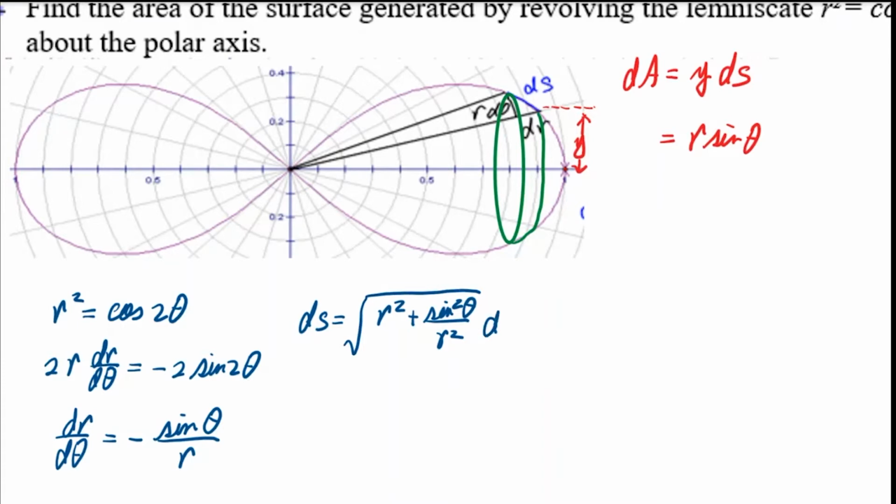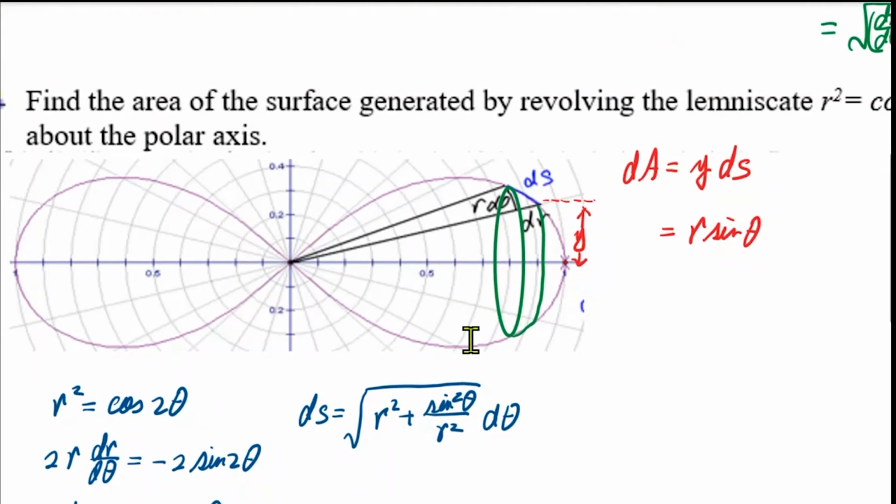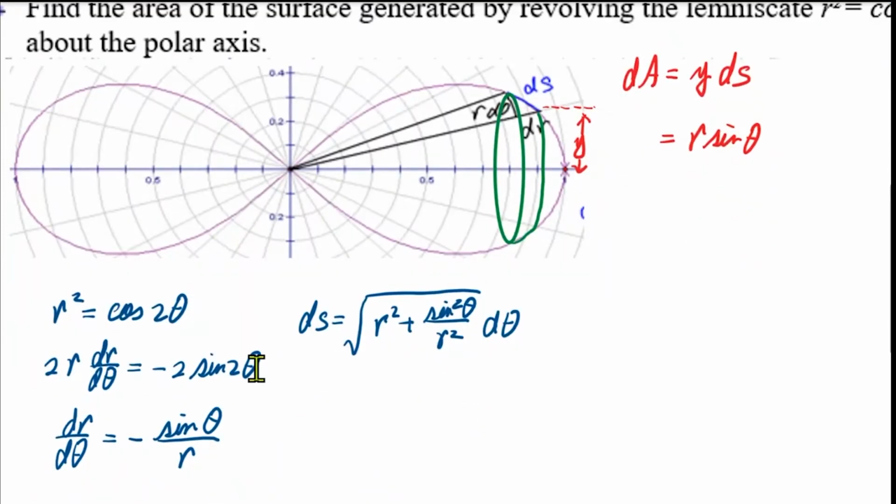Good. Wait, is there supposed to be a 2 before the theta in the dr over d theta? Like in dr over d theta, isn't there a 2 after, like in the sine 2 theta? Oh, yeah, 2 theta.